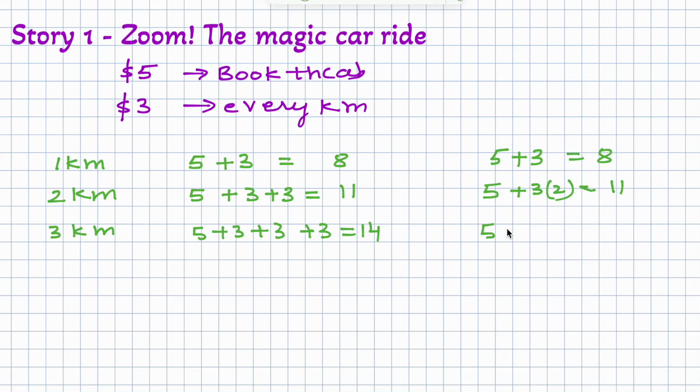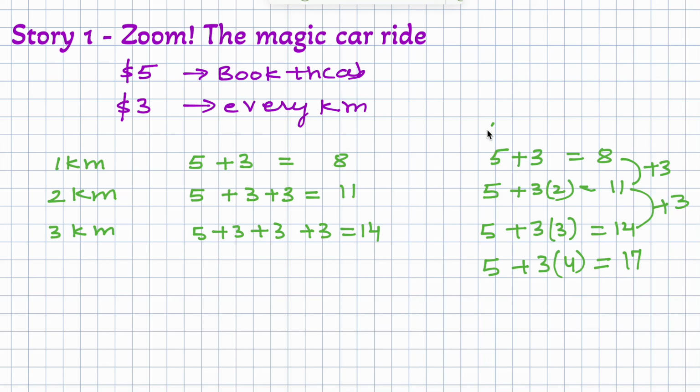Now 5 plus, because 3 is added 3 times, it is 14. Now you see, every time there is an increase of $3. So yes, there is a pattern. Now for the next one, you can guess it, because $3 have to be paid 4 times for 4 kilometers, so that will be $17.